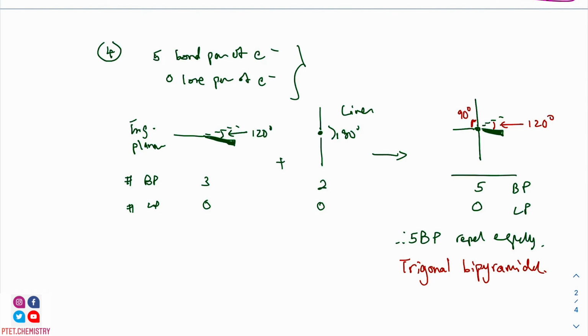It's like you have a pyramid. So your central atom is there, and then you have your 5 connecting substituents, 1, 2, 3, 4, 5. Trigonal bipyramidal is like a linear combination of these 2 geometries which you've seen earlier.